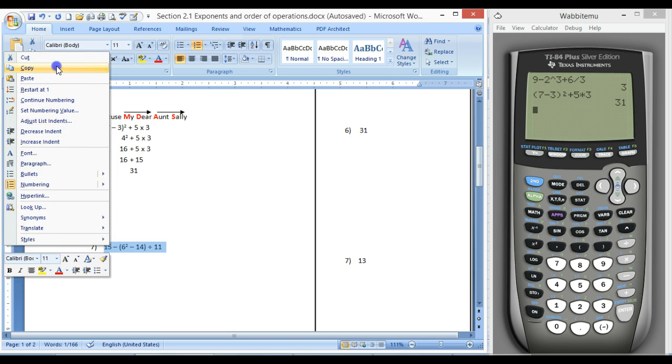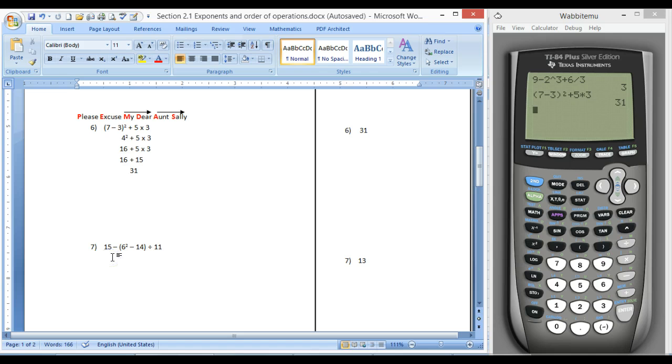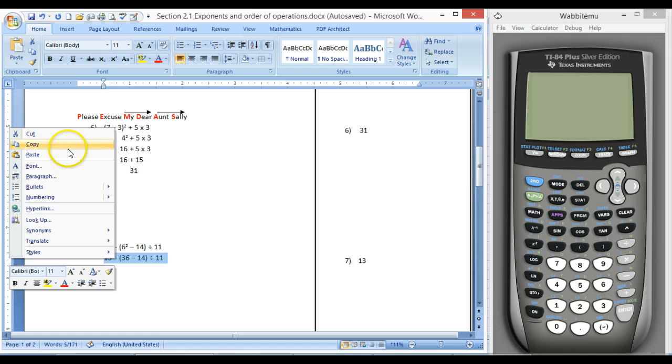So I'm going to copy and come down here and paste. And replace my 6 squared. 6 squared is 6 times 6, which is 36. There we go. Now I can continue moving through the parentheses. Now notice I didn't take the parentheses off yet.